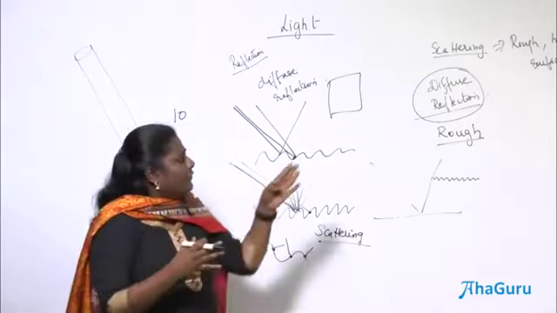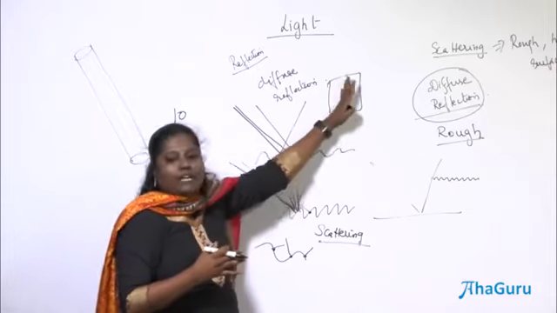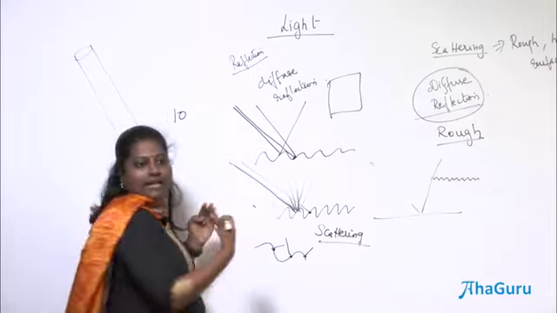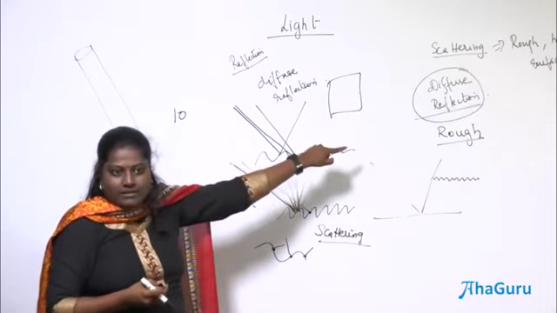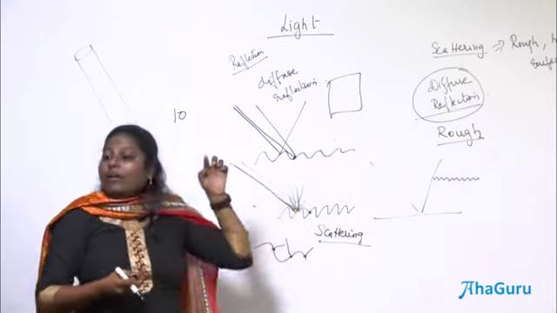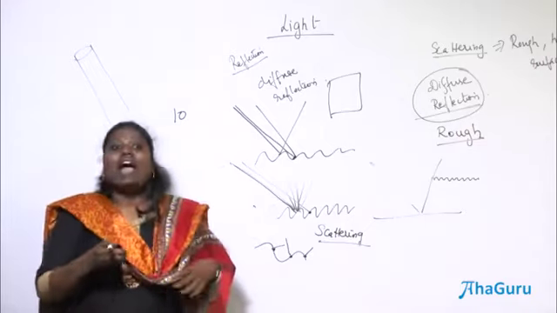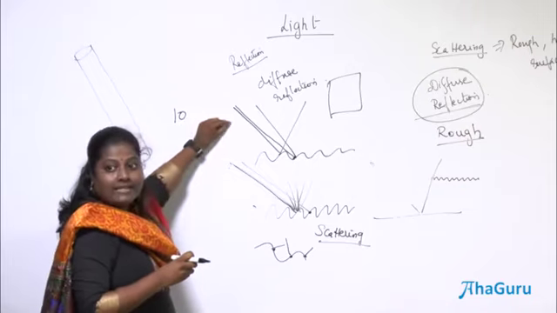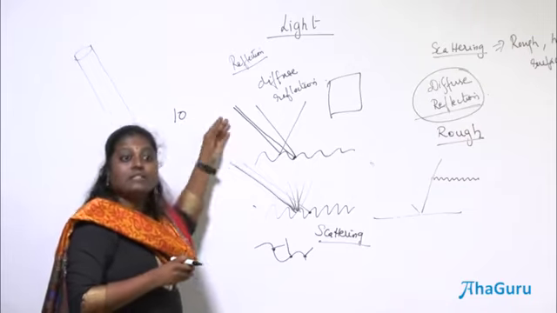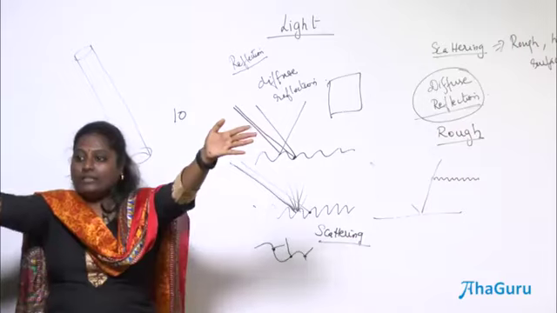But now I am not having a mirror, I am having a wall. I am standing in front of the wall. The same thing happens. Does the ray go and hit the wall? Yes. But what is happening? It is scattering. When this ray goes and hits, this point starts scattering in different ways.